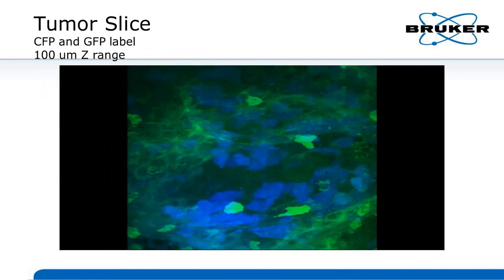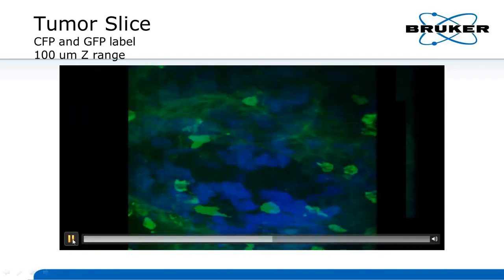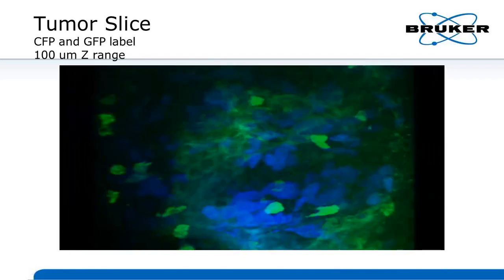They were actually doing the experiments in a multi-photon system, which typically offers much greater imaging depth than a confocal system, but we were able to image this specimen, and again we had a 100 micron Z range. We'll do the 3D reconstruction here so you can see that we're able to image through a relatively dense tissue preparation with success down to 100 microns with this system.